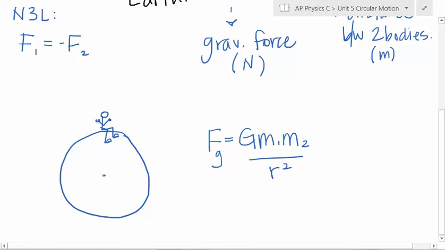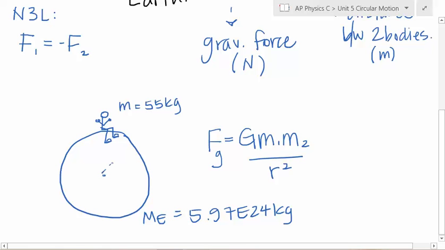Now, for a person with maybe a mass of 55 kilograms, that's about 120 pounds, and the Earth with a mass of 5.97 times 10 to the 24 kilograms, and a radius, the radius of the Earth, being 6,378 kilometers, could you find the gravitational force on the person due to the Earth?